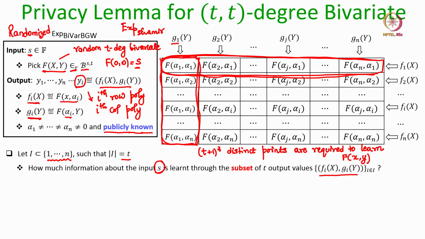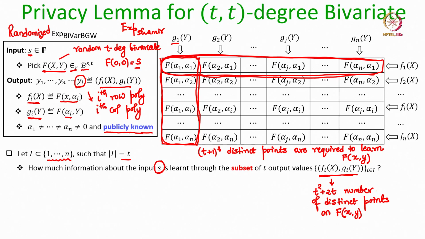But we are given t number of x univariate polynomials and t number of y univariate polynomials. It can be shown that through these t number of x and y univariate polynomials, one can learn t square plus 2t number of distinct points on that unknown bivariate polynomial f of x y, which has been selected in the experiment.